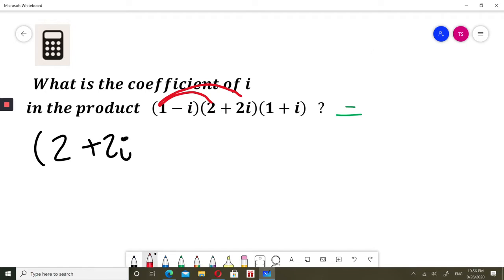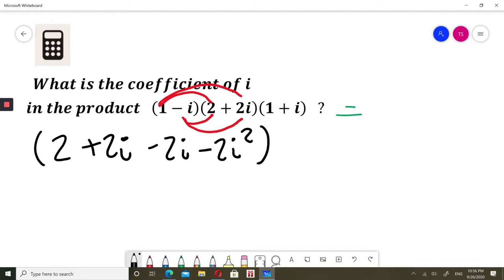Then minus i times 2, minus i times 2i. Minus i times 2 will be minus 2i, and minus i times plus 2i will be minus 2i squared, times the third bracket (1 + i).